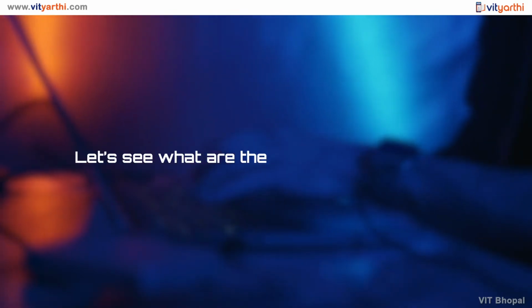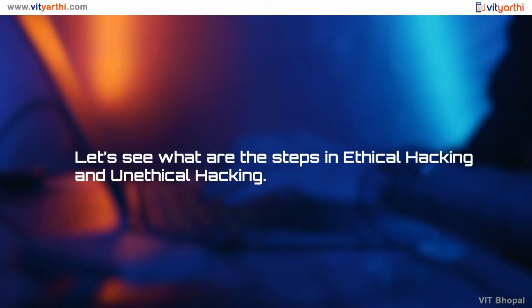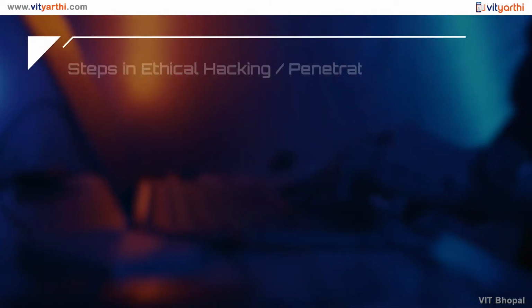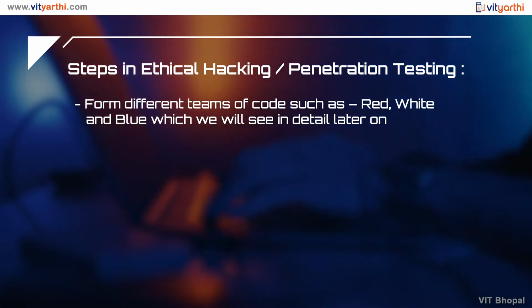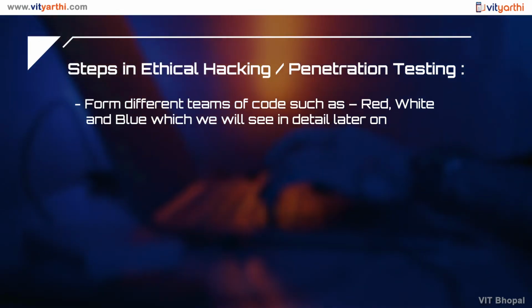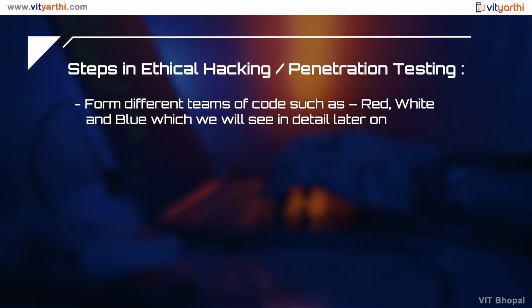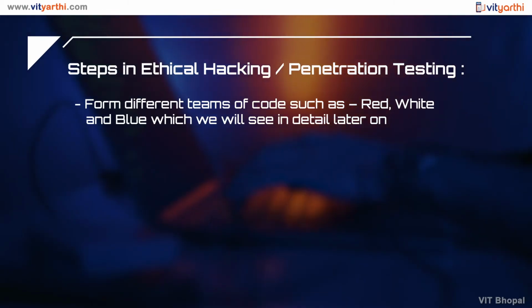Let's see what the steps are, as a summary, in ethical hacking as well as in unethical hacking. So, the steps involved in ethical hacking or penetration testing are as follows. First step, they form different teams of colors, such as a red team, a white team, or a blue team, which we will see in detail later on.